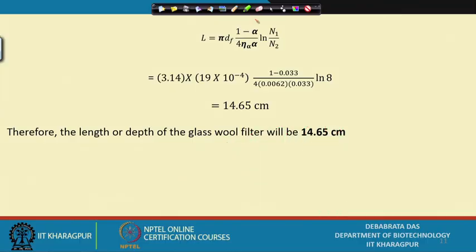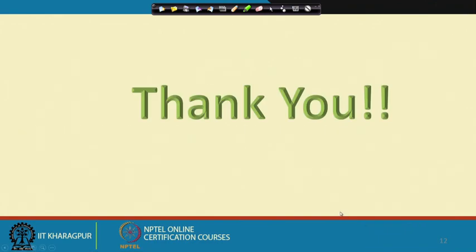In conclusion, I tried to discuss the air sterilization process, which is a very important part of any kind of fermentation industry. What we are basically targeting is that it is very difficult to get 100% sterility of the air.